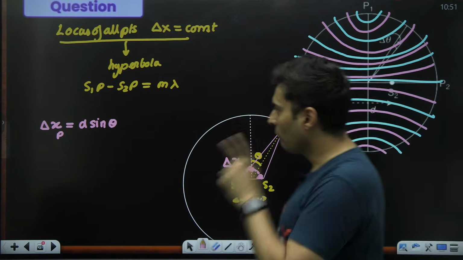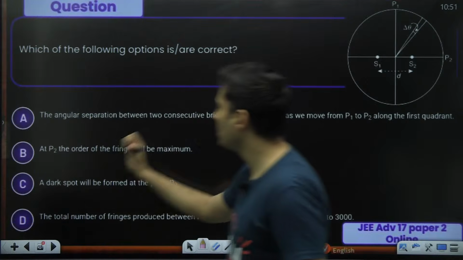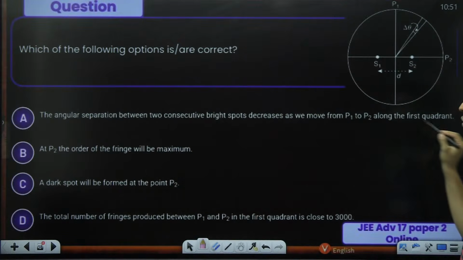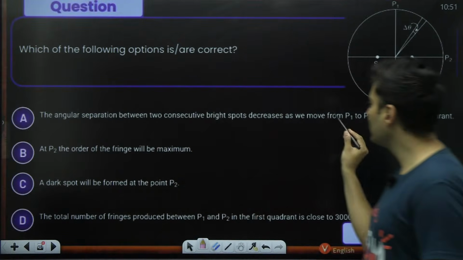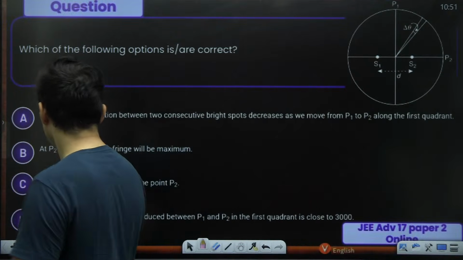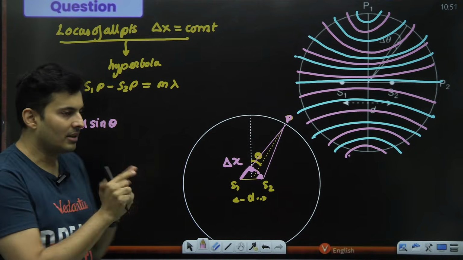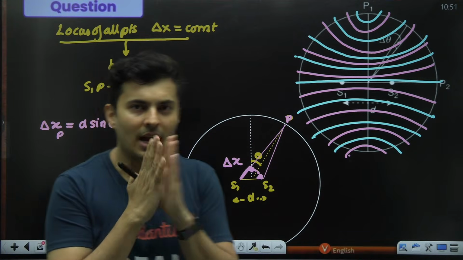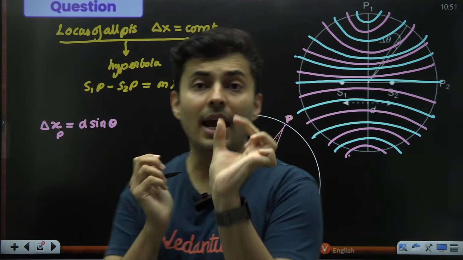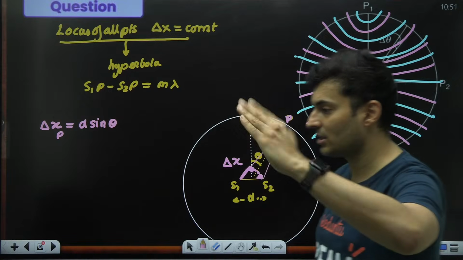If I want the angular fringe width, that is what the first option says. The angular separation between two bright spots decreases as we move from one point to the other. Okay, that is what they have asked. So how about differentiating this? Because I am interested in the angular fringe width, meaning the difference of the angular positions.